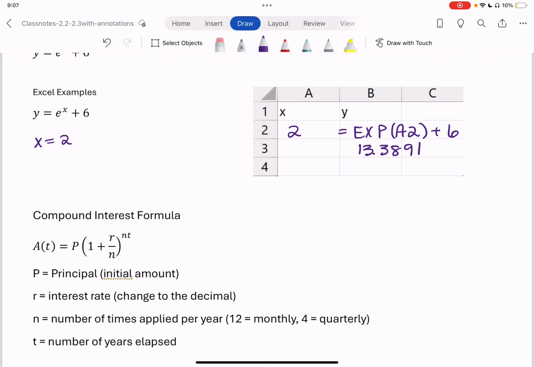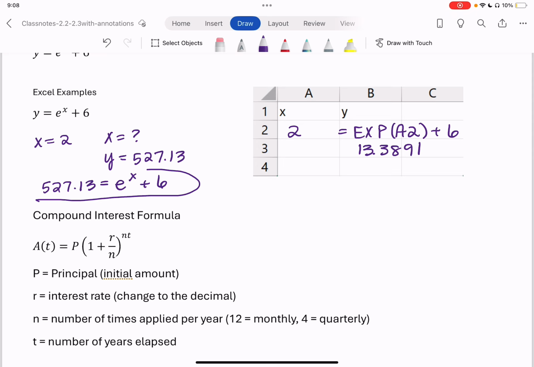If they want you to find x when you're given a value, let's say the value is 527.13, essentially what you're doing is solving this equation. Let me write this out, because sometimes this is helpful to think about. We're going to find the x value that makes that true.